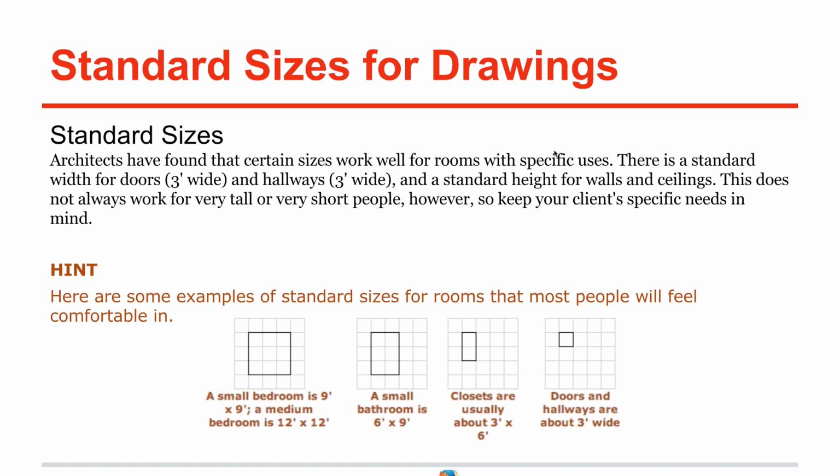Now there are some other characteristics. There are standardized sizes for drawings. When we're doing some sketches and drawings, depending on what you're doing, you will use certain dimensions. What we're going to be using, there's the standard of widths, and it's going to be basically 3 by 3.